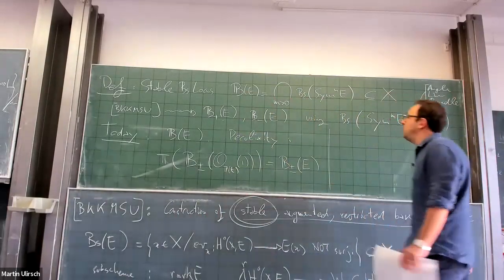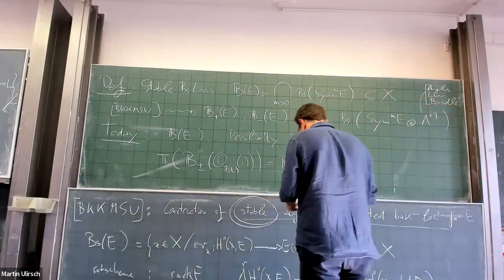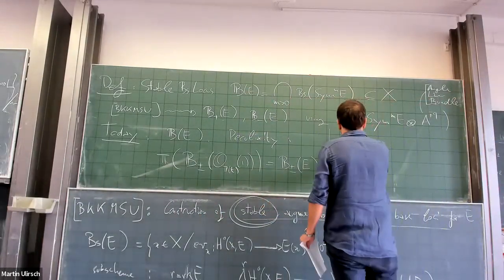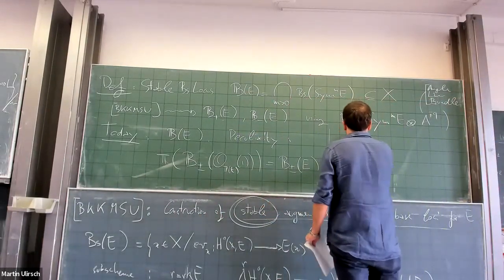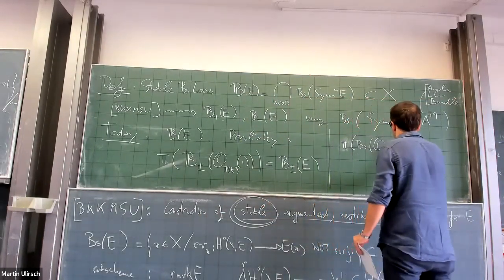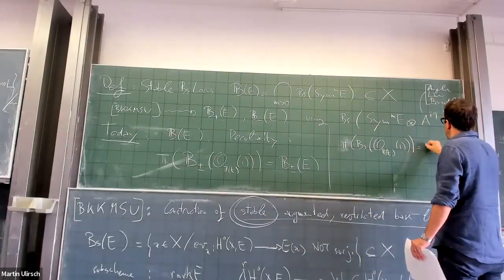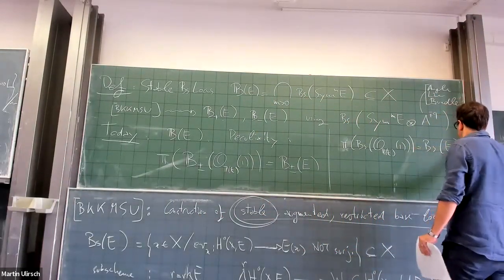What happens is that if we look at O(1), also for the base locus of O(1), the same thing does not happen: the image of the base locus of O_{P(E)}(1) is not the same as the base locus of E.